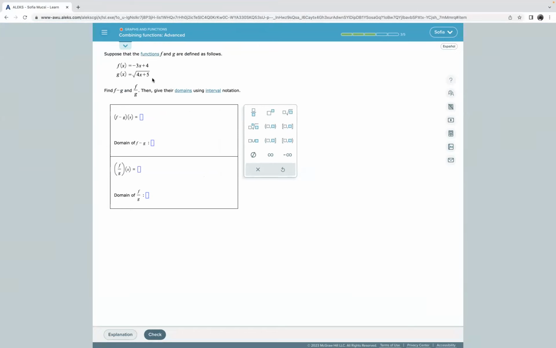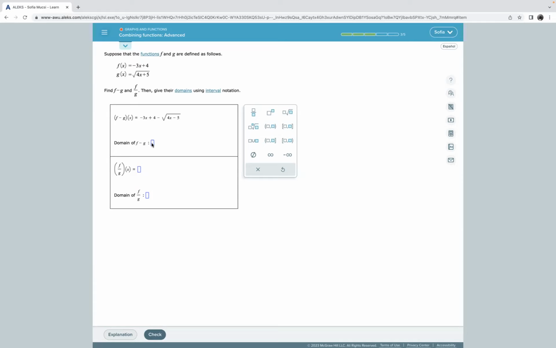So this you can't really do much, so you would just write it like this. Minus 3x plus 4 minus. Yep, that looks good. So the domain is restricted by the square root there.